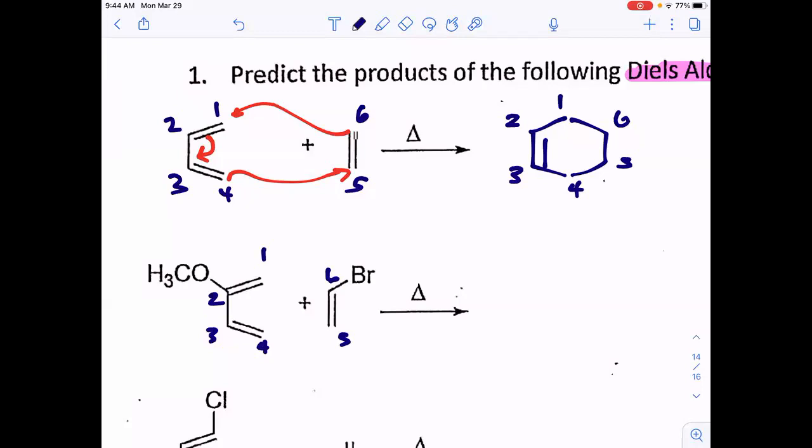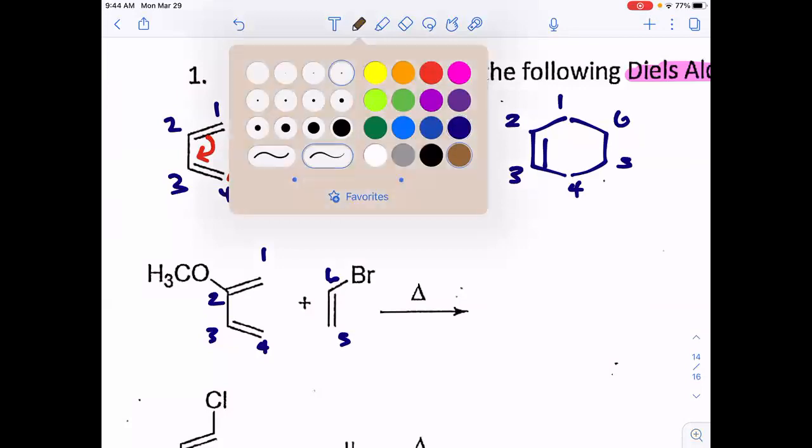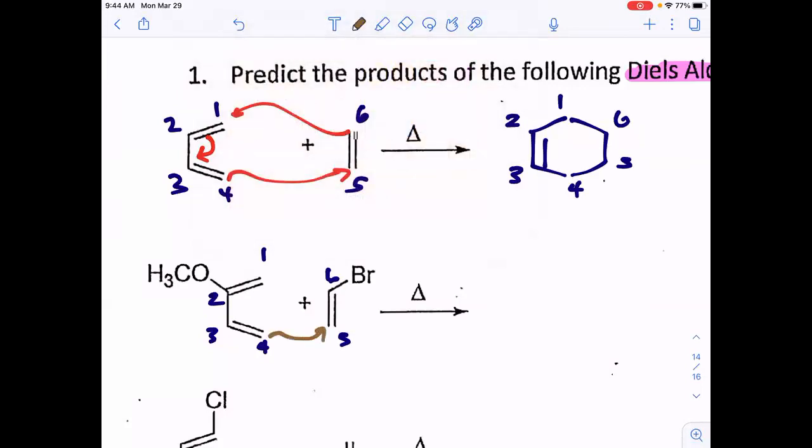So just tell me where you would put the first arrow. I'll draw the arrow from 4 to 5. Okay, I agree with that. Then the second arrow from 6 to 1. So that pi bond, once you attack 5, has to break, right? Because otherwise 5 is going to have too many bonds to it. I agree with that. And then what about the last arrow?